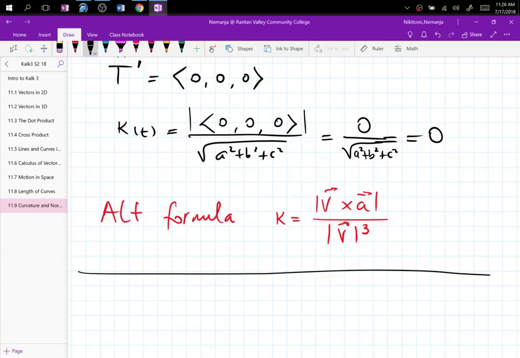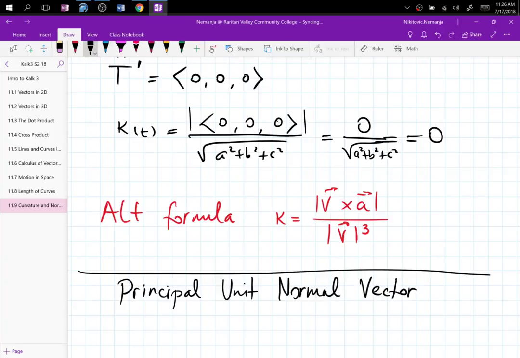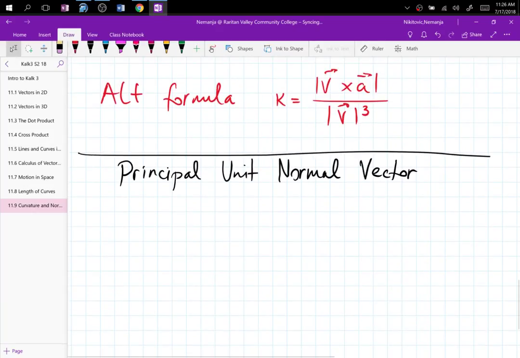Principal unit normal vector. So this concept shows which way curvature turns.